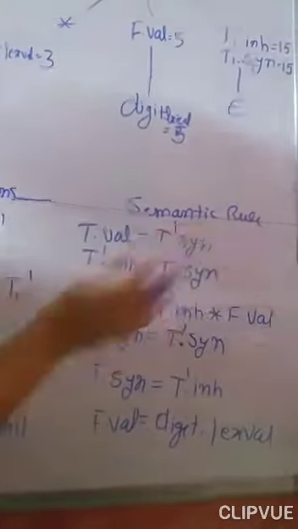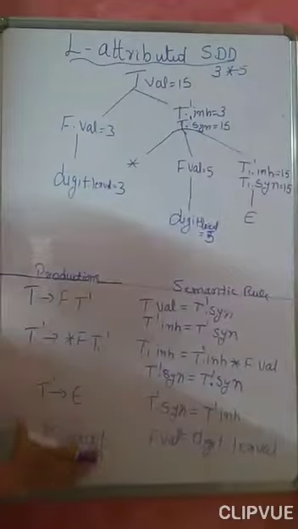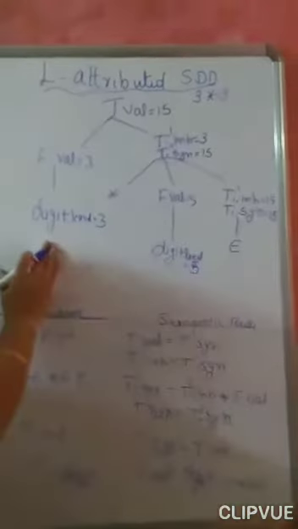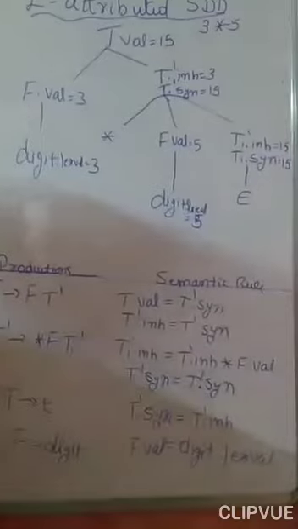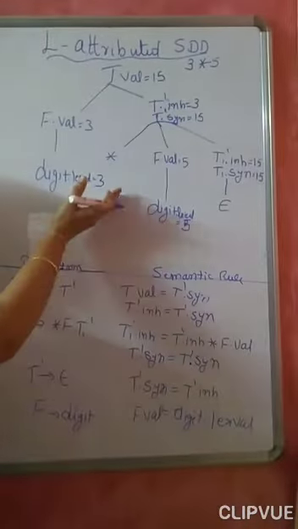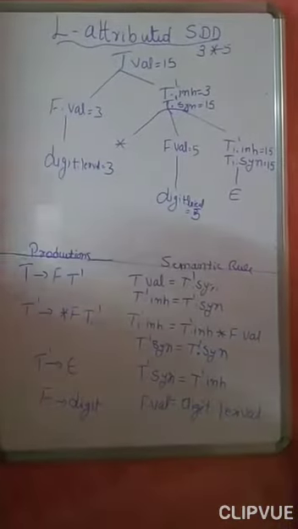Actually from these semantic rules we need to write this annotated parse tree, but it is difficult to understand. So I will use these productions to construct the annotated parse tree and then we will see the semantic rules. Actually we need the semantic rules to write this tree, but I am doing it in reverse.